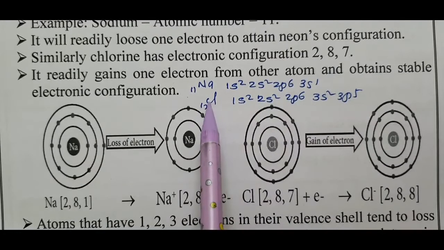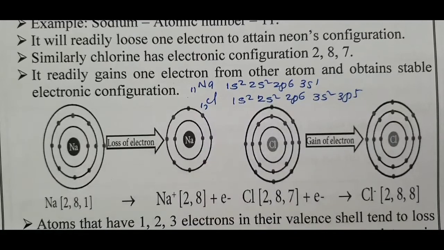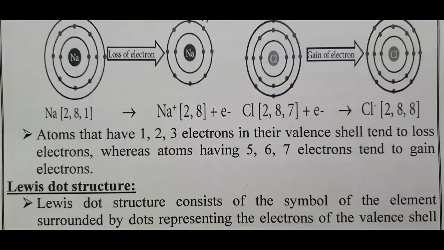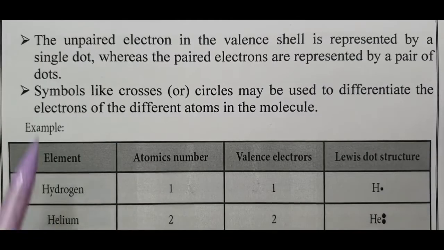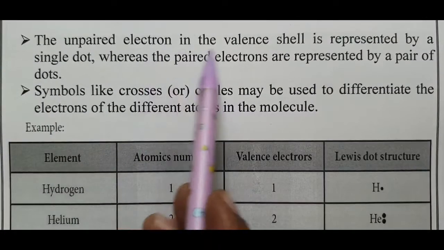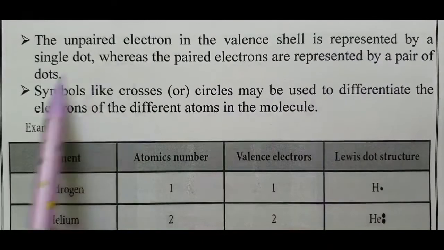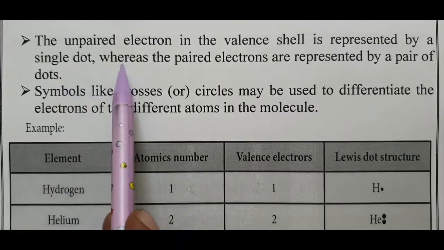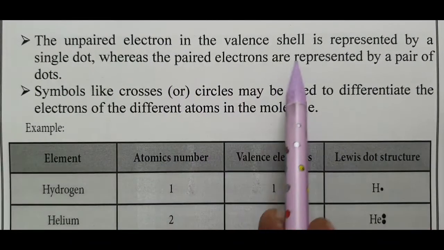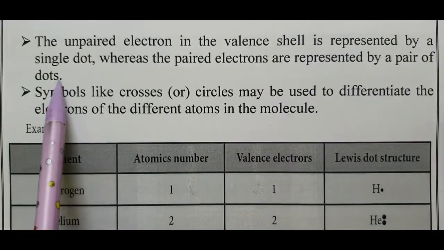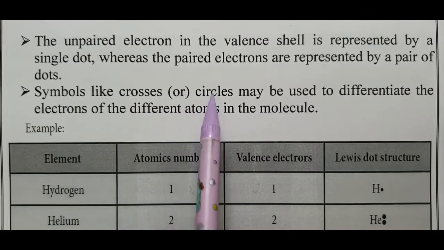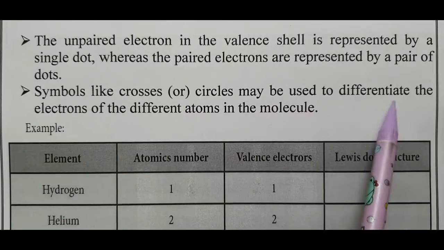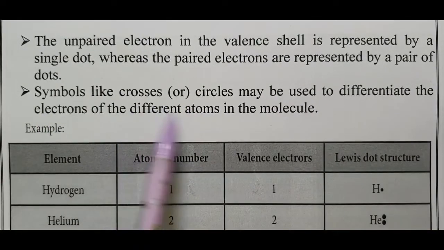So, by putting Cl, near it we have to put 7 electrons, that is the Lewis dot structure. Now, we are going to discuss Lewis dot structure. The unpaired electrons in the valency cell are represented by a single dot, whereas the paired electrons are represented by a pair of dots. Symbols like crosses or circles may be used to differentiate the electrons of the different atoms in a molecule.